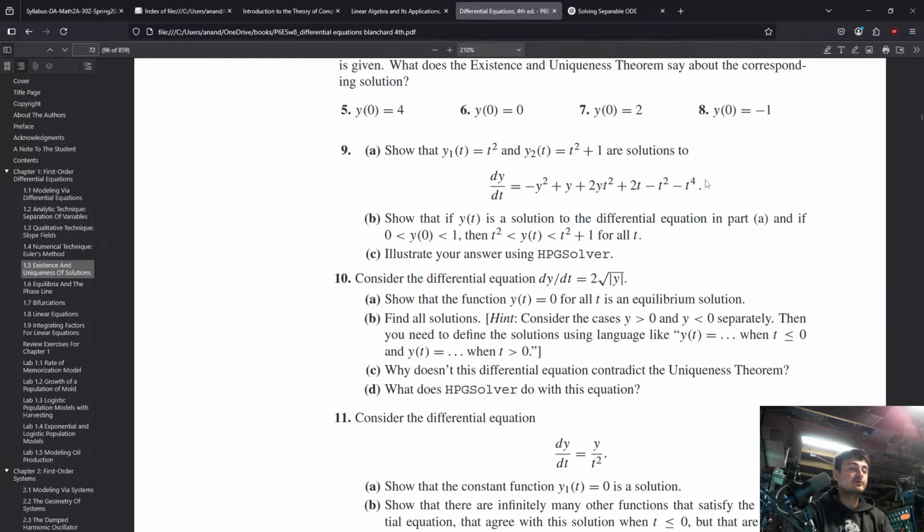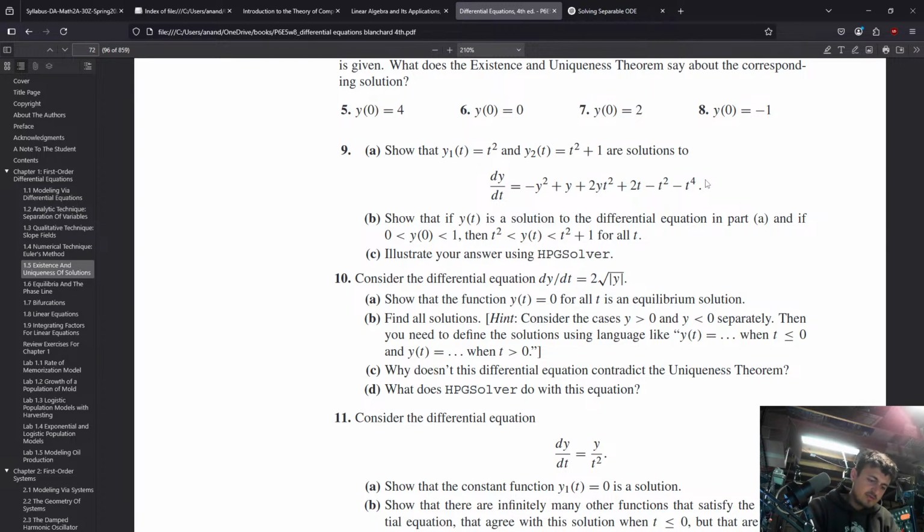And that's going to be equal to, and now here we substitute in the actual solution. So we're going to get minus t squared to the fourth plus t squared plus 2 times t squared times t squared plus 2t minus t squared minus t to the 4th.